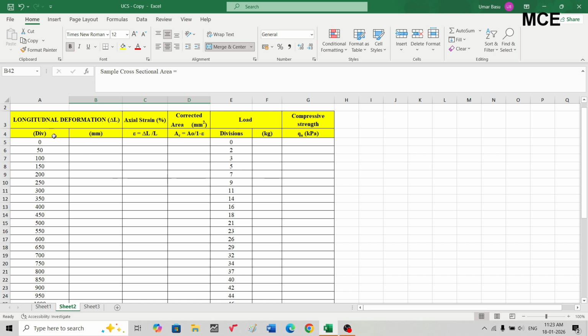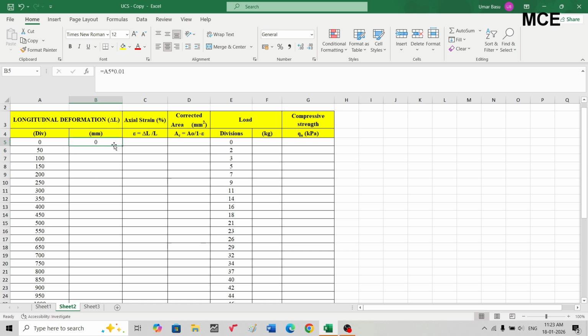Since one axial dial gauge division is equal to 0.01 mm, simply write equal to, then select the division and multiply it with the calibration factor, which is 0.01, and press enter. It will give you the deformation in mm, which for 0 will be 0.